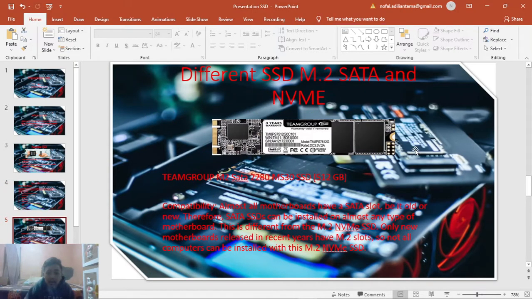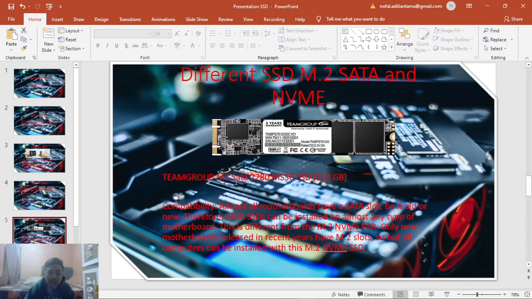Okay, so what is the difference between SSD M.2 SATA and SSD M.2 NVMe? So in this picture is the SSD M.2 SATA. This is the brand and size here.